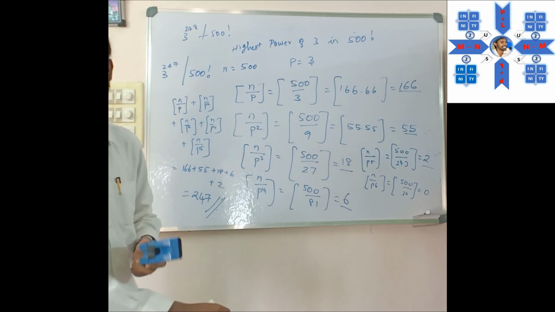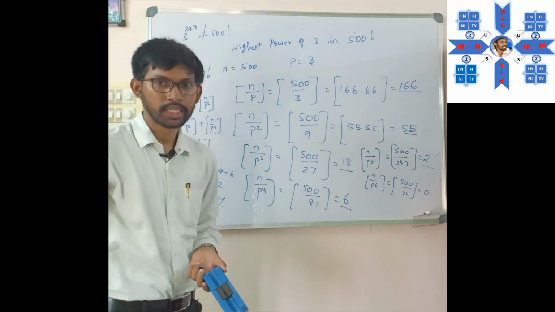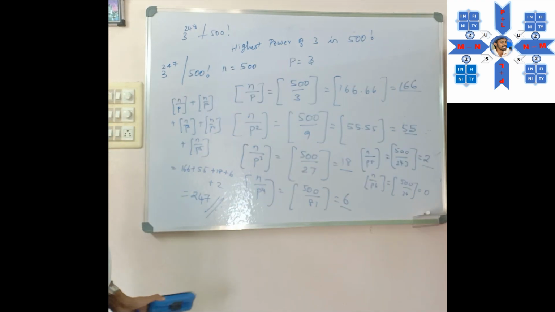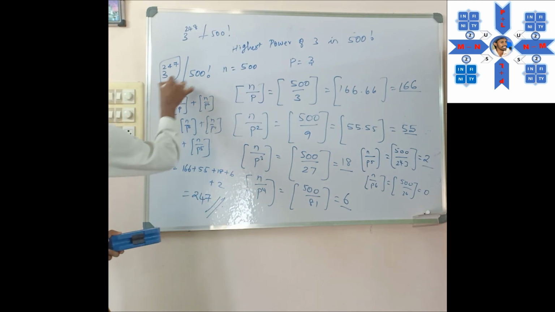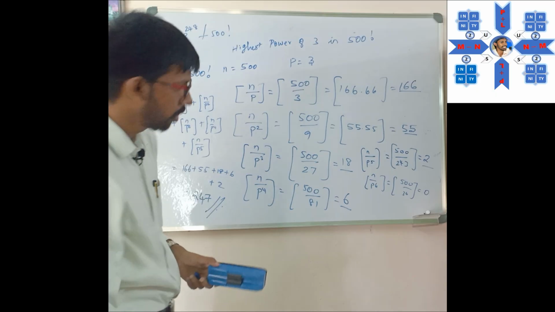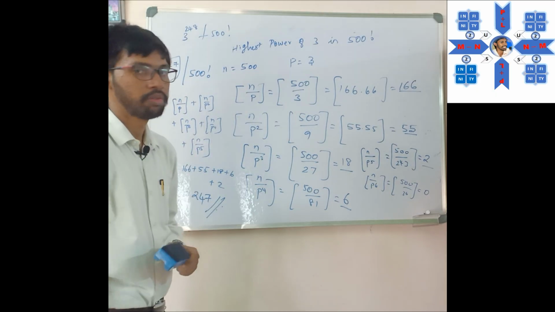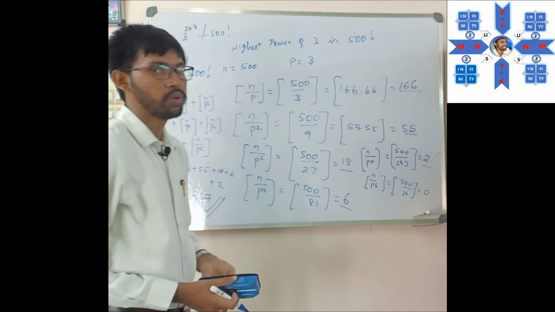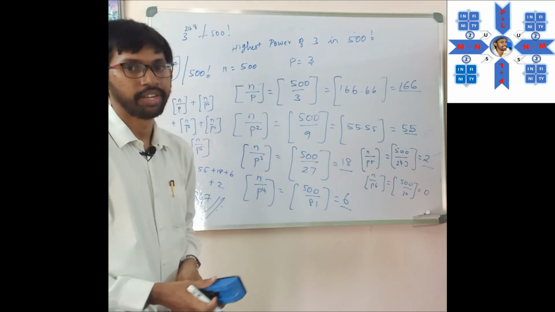So that is the concept. Hope you can understand. This is the highest power of 3 that can divide 500 factorial.